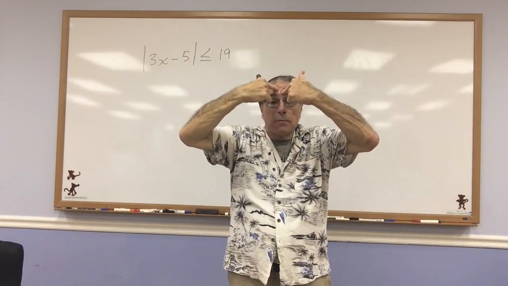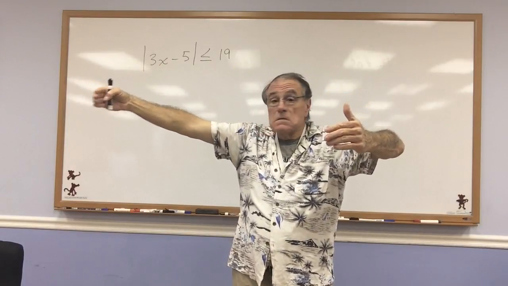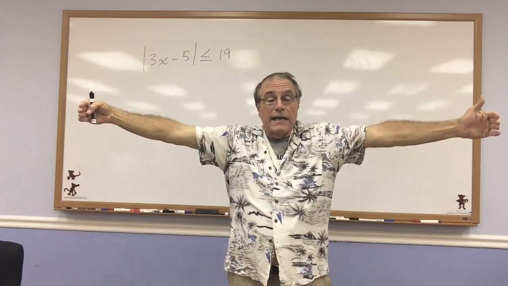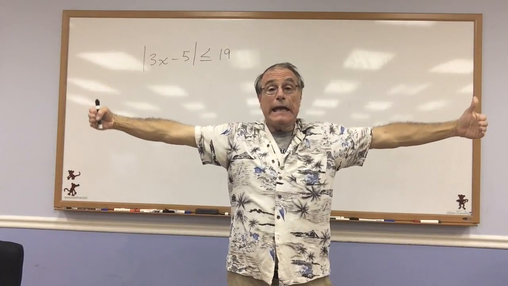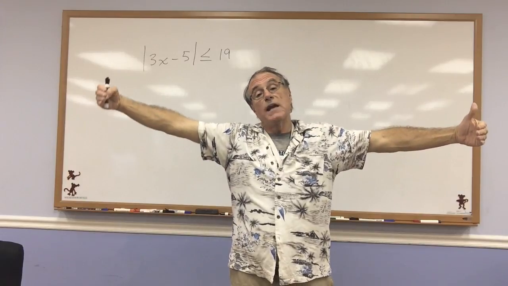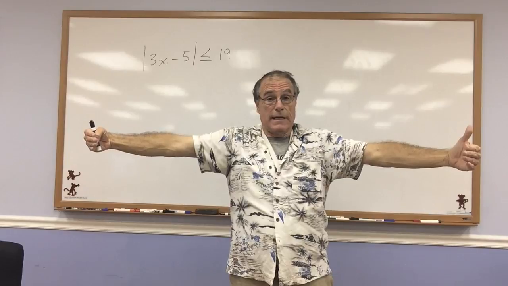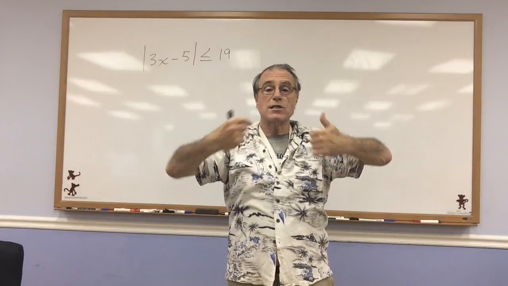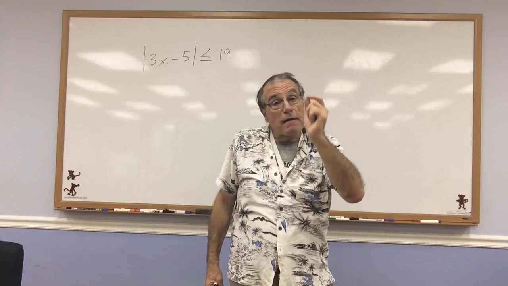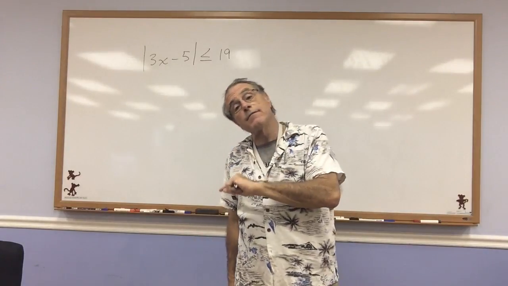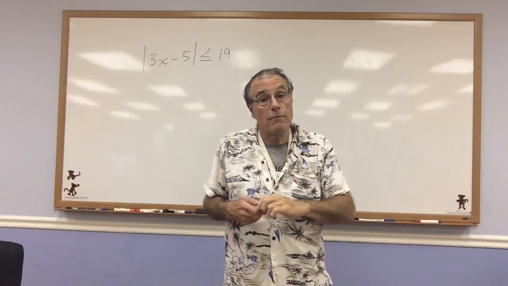So if this is 0, I've got 19 units to the left, I've got 19 units to the right. That number is somewhere in here, somewhere between negative 19 and positive 19. And I want to express that as an inequality, and this is my first step in solving this inequality, and it's the most crucial step you can write.